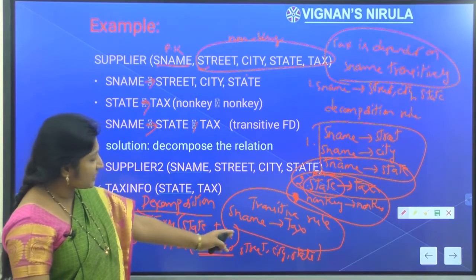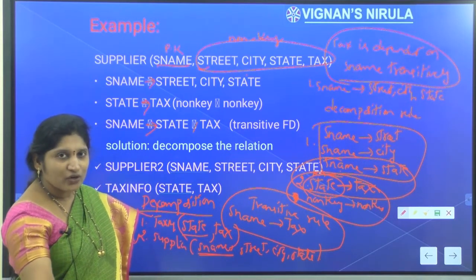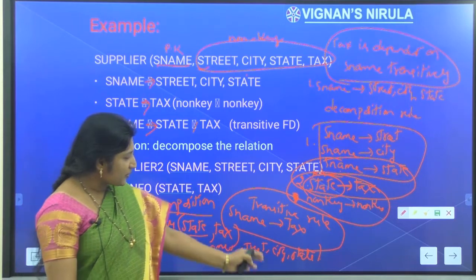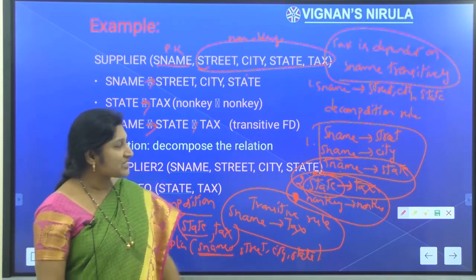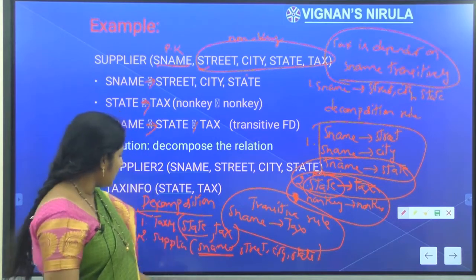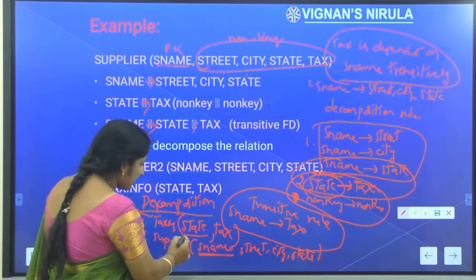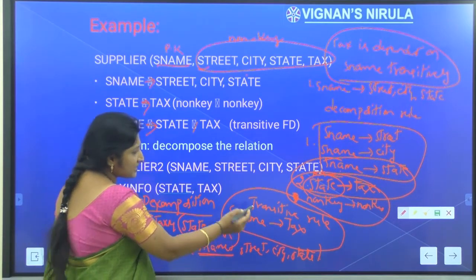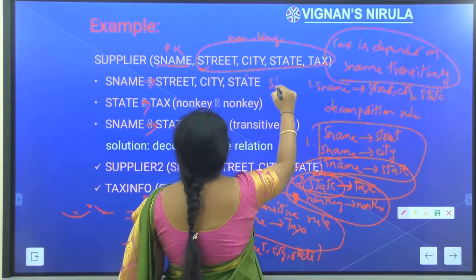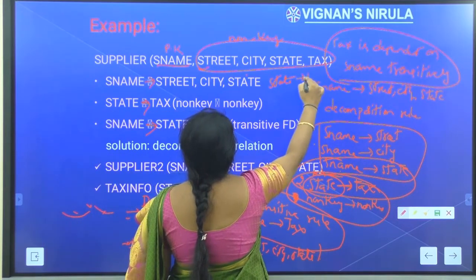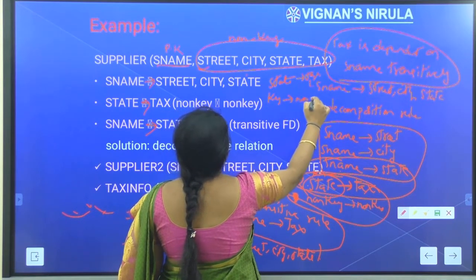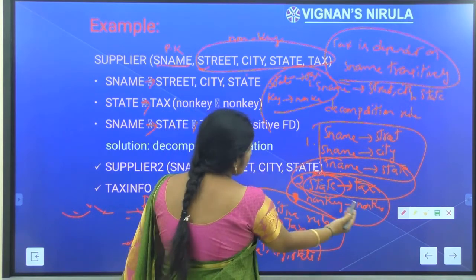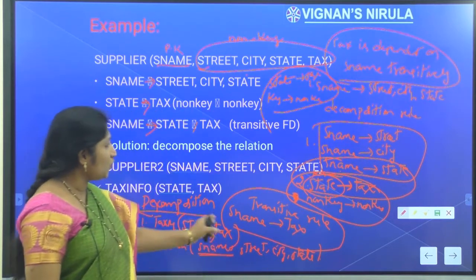Then S name implies street, key to non-key. S name implies city, key to non-key. S name implies state, key to non-key. And within the first table, state comma tax, state implies tax also now becomes key to non-key. I have converted the non-key to non-key into key to non-key.